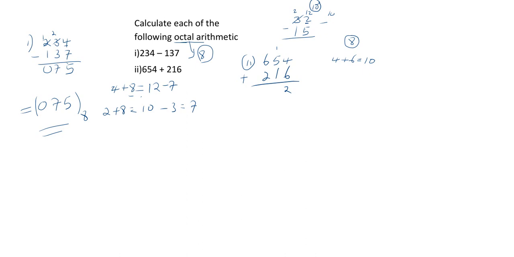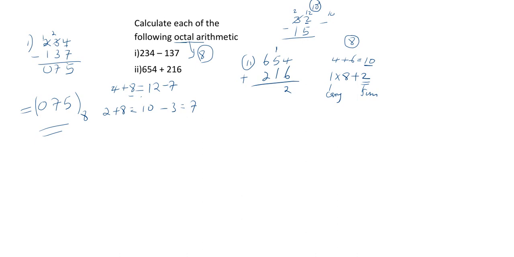But also to get the 2 carry 1, you can break the 10 in base 8. So we have 1 times 8 plus 2. So the 2 becomes the sum, and 1 becomes the carry. So in this case, we are carrying 1, and we are having a sum of 2.